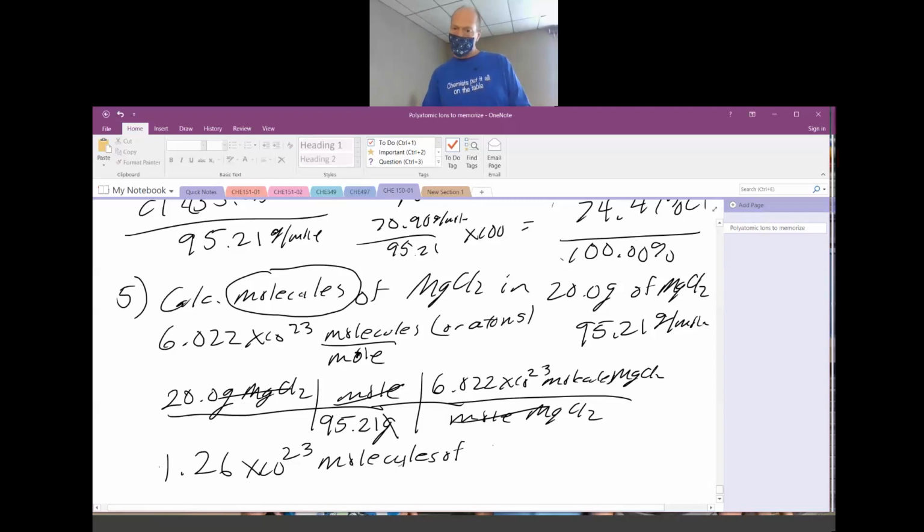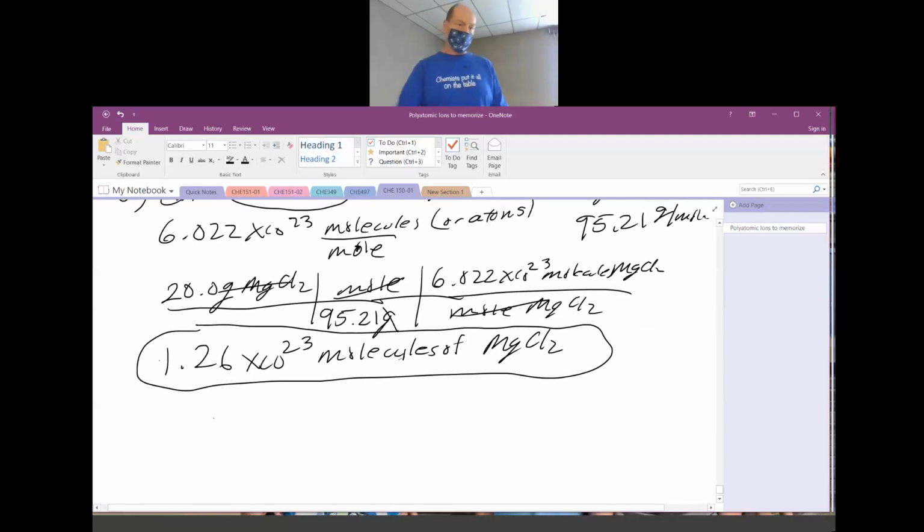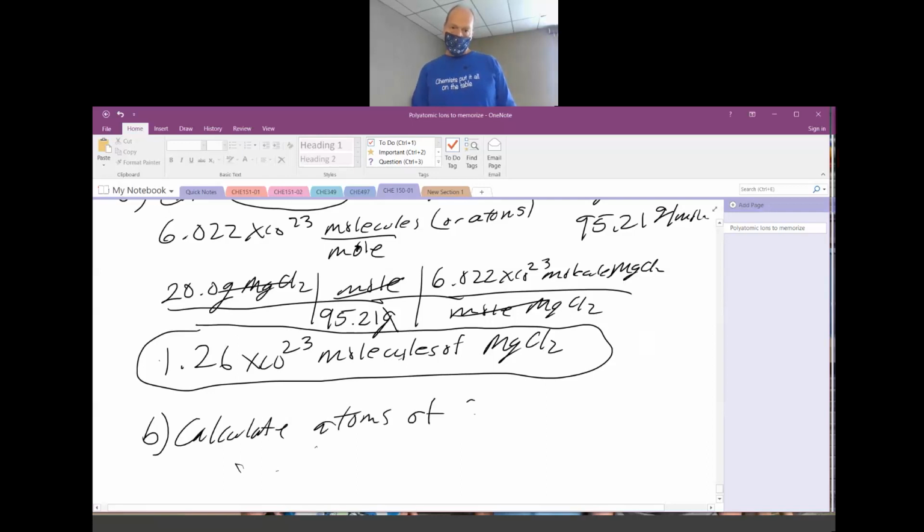Whenever you're talking about molecules, you're going to have a giant number of molecules. Molecules are very tiny. In part B, it asks how many atoms of chlorine are in 20 grams of MgCl2.